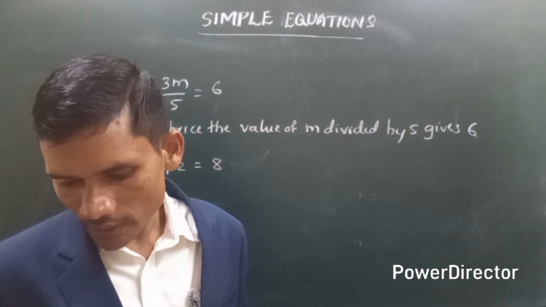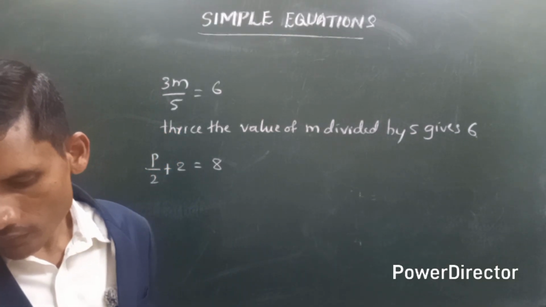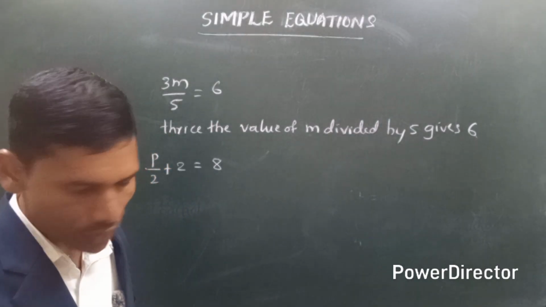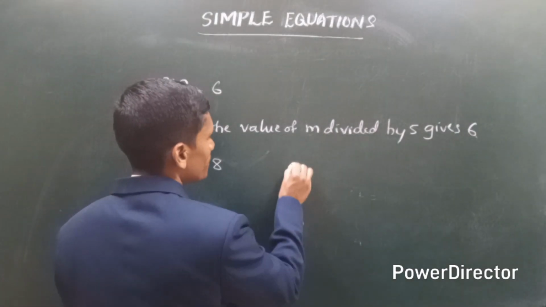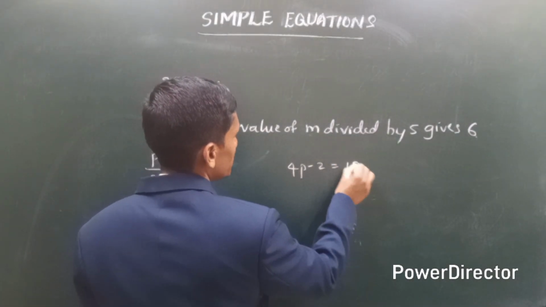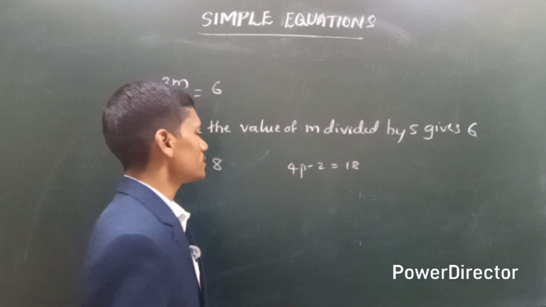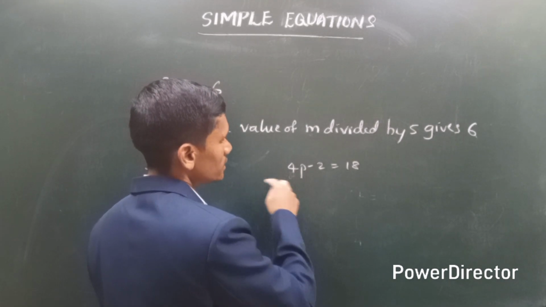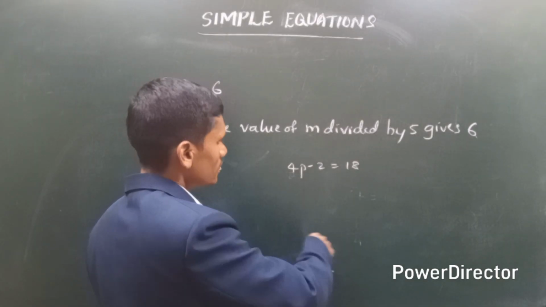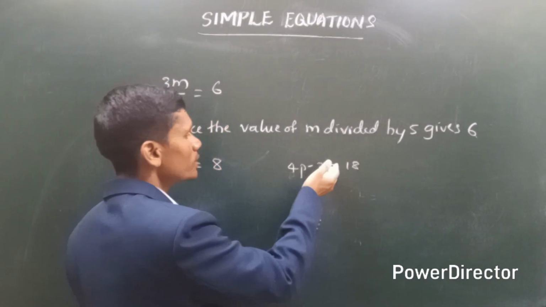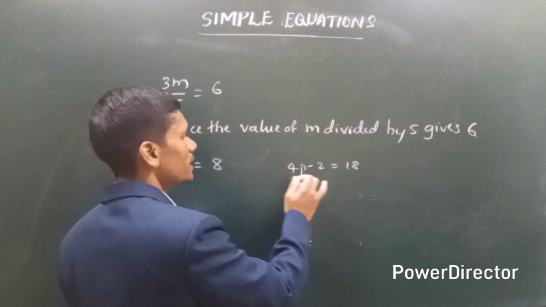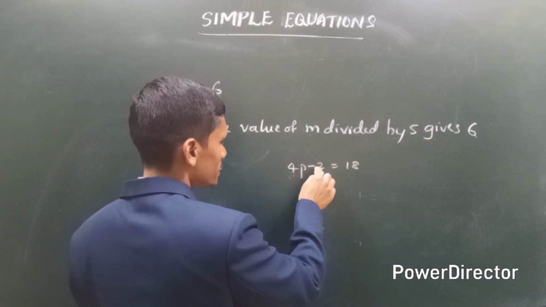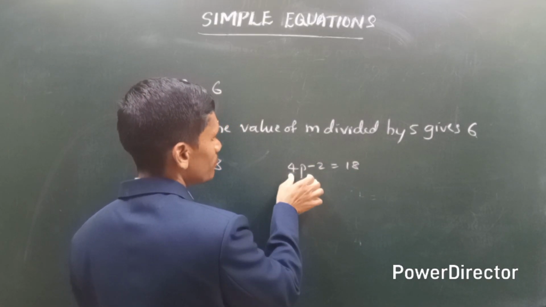Next, coming to 3p plus 4 is equal to 25. Similarly, they have given 4p minus 2 is equal to 18. You can write that also the same as it is. So what happens? 4 times the value of p. When 2 is subtracted from 4 times the value of p, it gives 18, you can say, because we are subtracting 2 from 4 times the value of p.